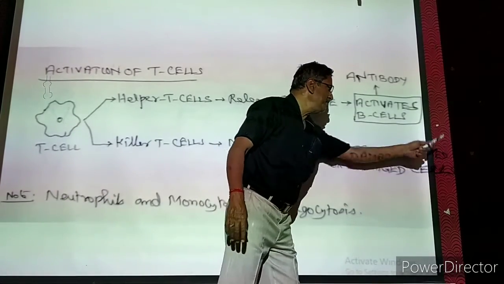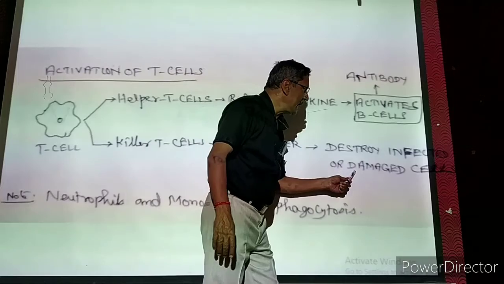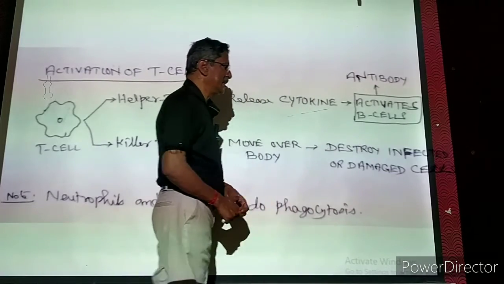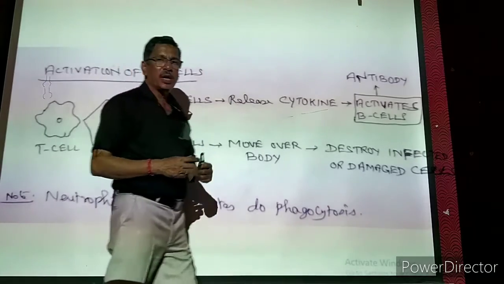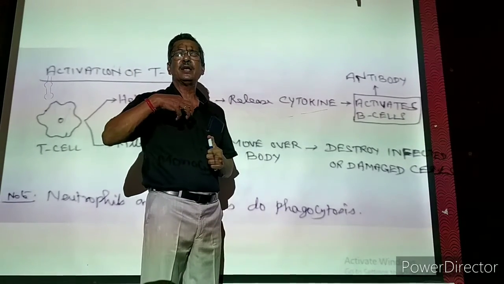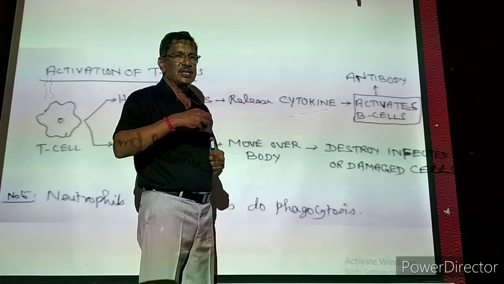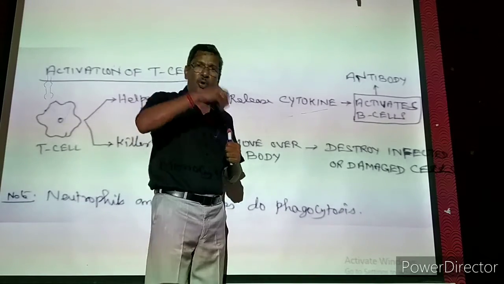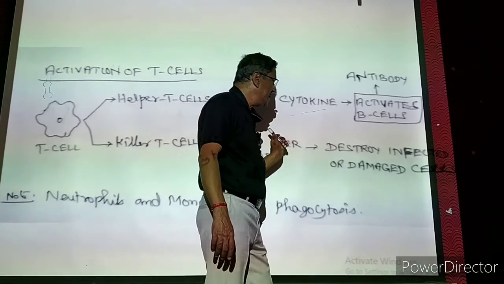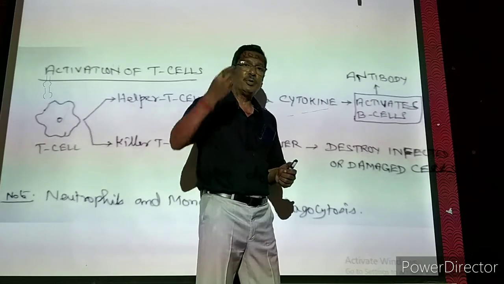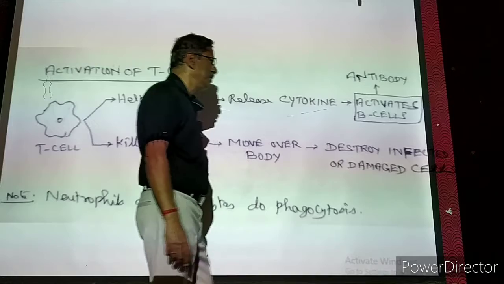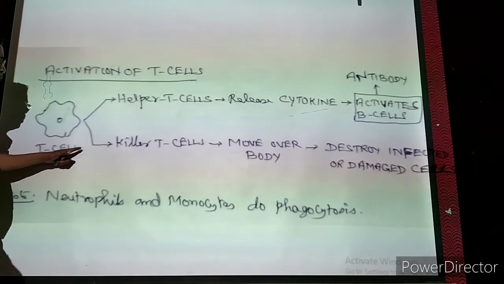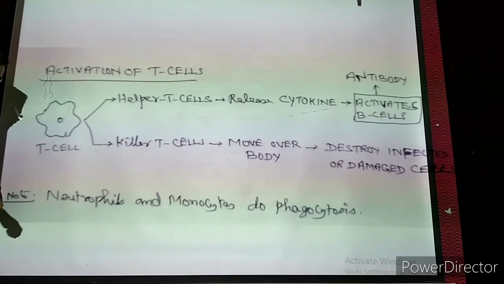So they destroy the infected cells or damaged cells. Sometimes the microorganism will enter into our body cell. Even these killer cells are destroying our own body cells which are infected with microorganism. That is the role of helper cells and killer cells.